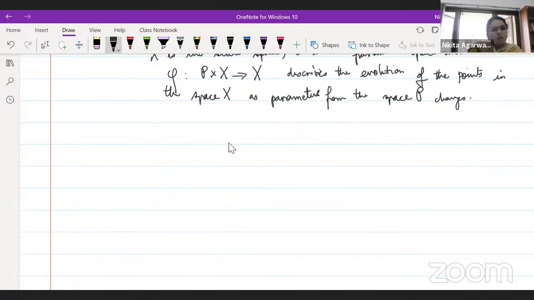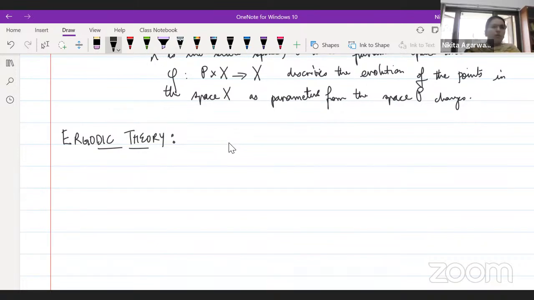Okay, so you may have heard of this area of mathematics which is known as ergodic theory. So let me explain what this subject is in a nutshell.